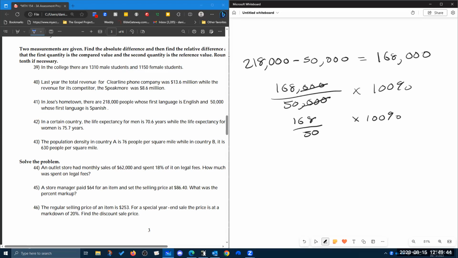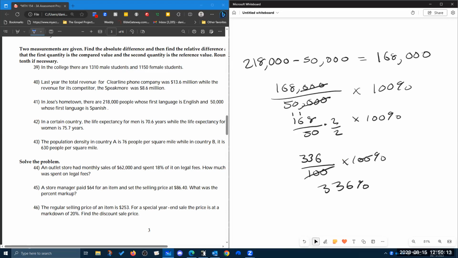I'm going to make this easy on myself and get this 50 to become 100 by multiplying by 2, so this is 336%.